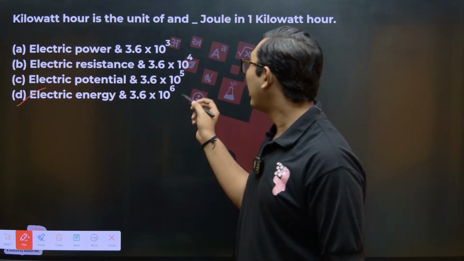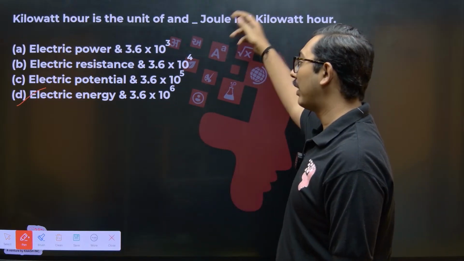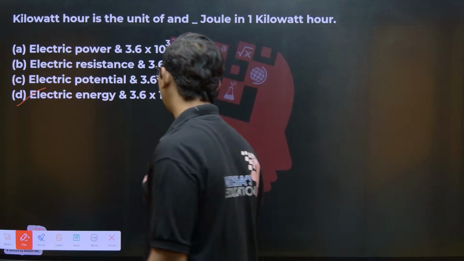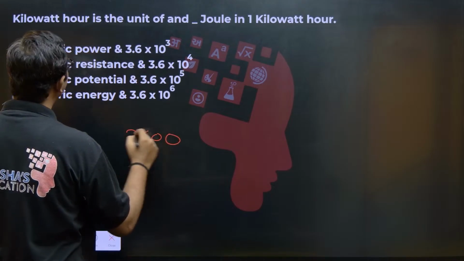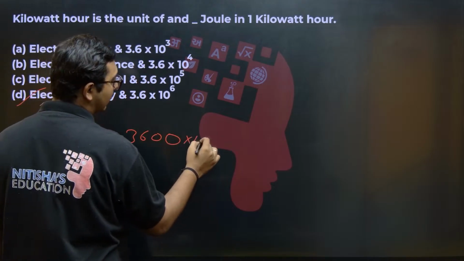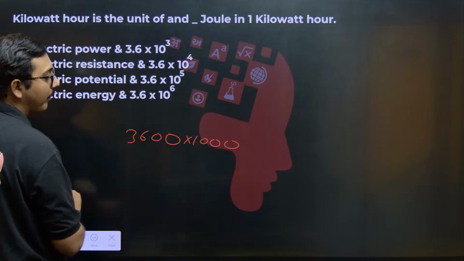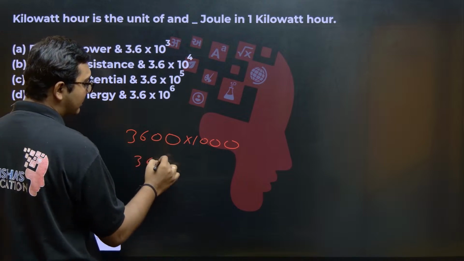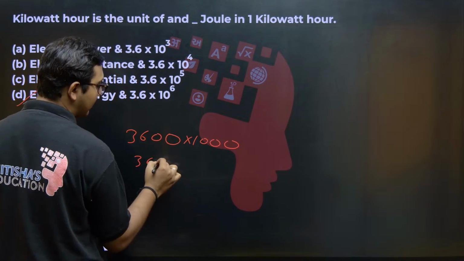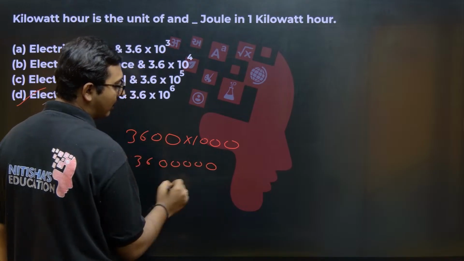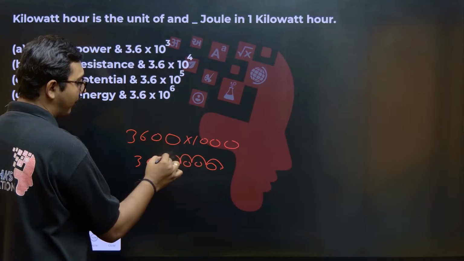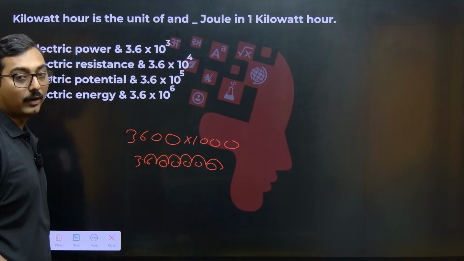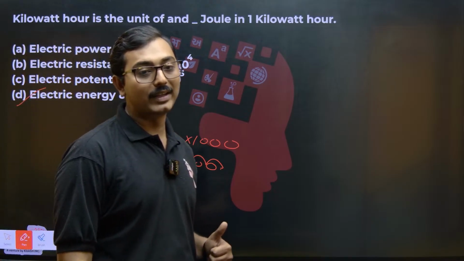And obviously you are not required to calculate it, although it is simple. Hour you can convert into seconds, so 3600; kilo means 1000. If you multiply them, what will you get? 3600000. Right now the point is over here. You shift the point 1, 2, 3, 4, 5 and 6, six places to the left-hand side.